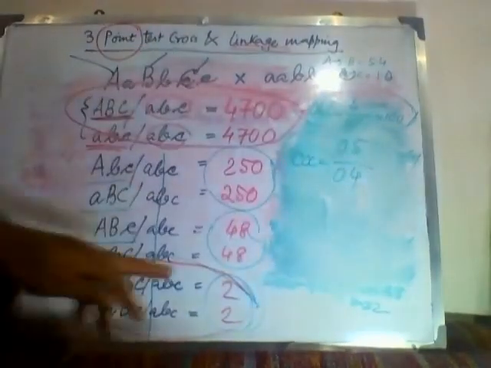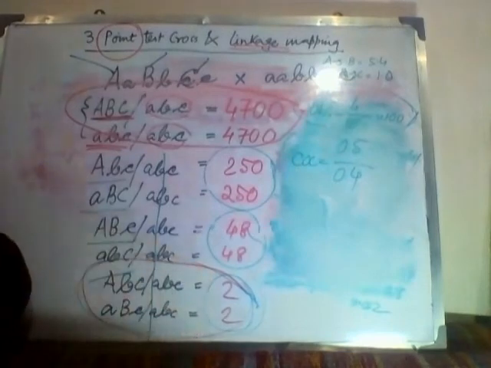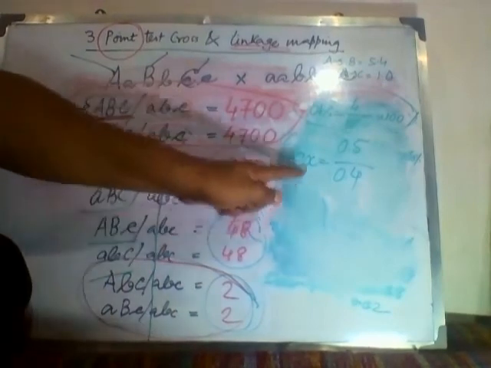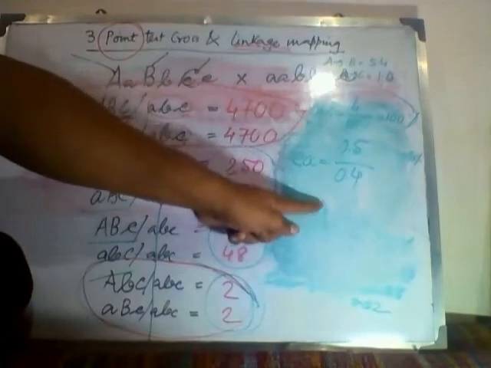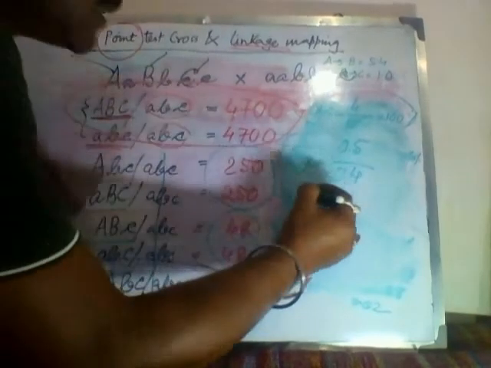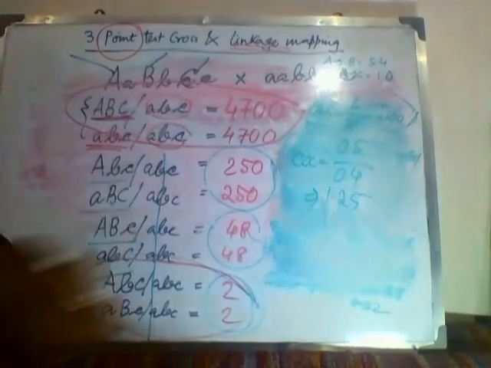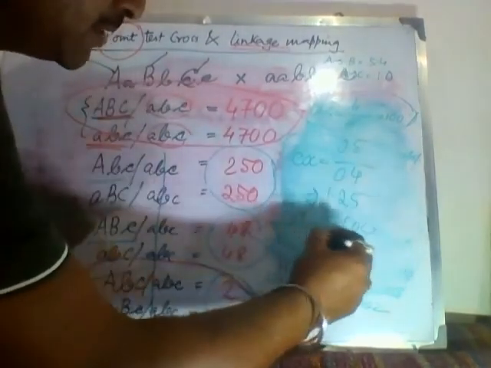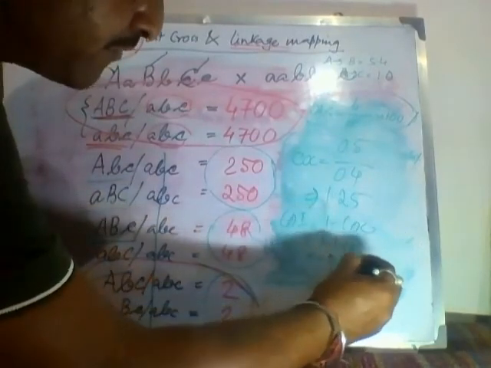This is highly probable, particularly when the double crossing over types increase in comparison to the single crossing over types. The observed DCO value is more than the expected DCO value. In this case, it will be 1.25. It's more than 1. So the COI value will be 1 minus COC, meaning 1 minus 1.25, which is minus 0.25.